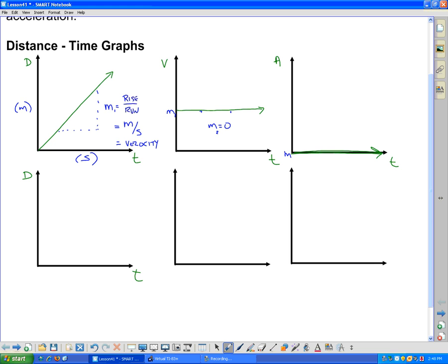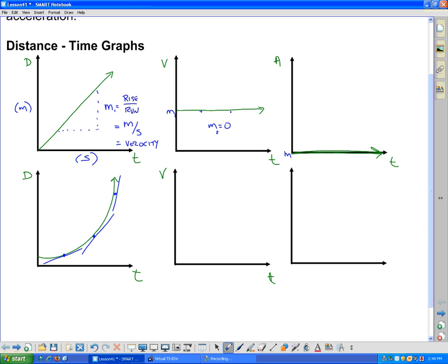Where it got a little bit more complicated in the physics course was when you had non-uniform motion. With non-uniform motion, that meant your velocity was changing constantly. And the process we came up with was that we had to find the slope of a whole bunch of tangent lines to determine points on the velocity time graph.